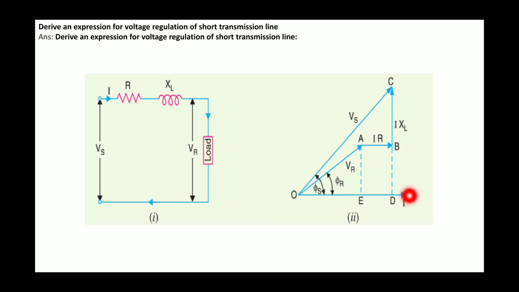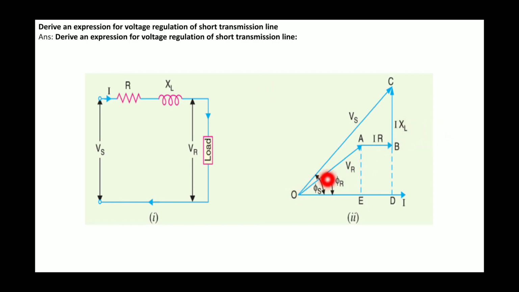For calculation purposes we need some modification, so we consider I into R and VL equal to I into XL. We consider the current as the reference; the voltage across the inductor leads the current by an angle of 90 degrees.